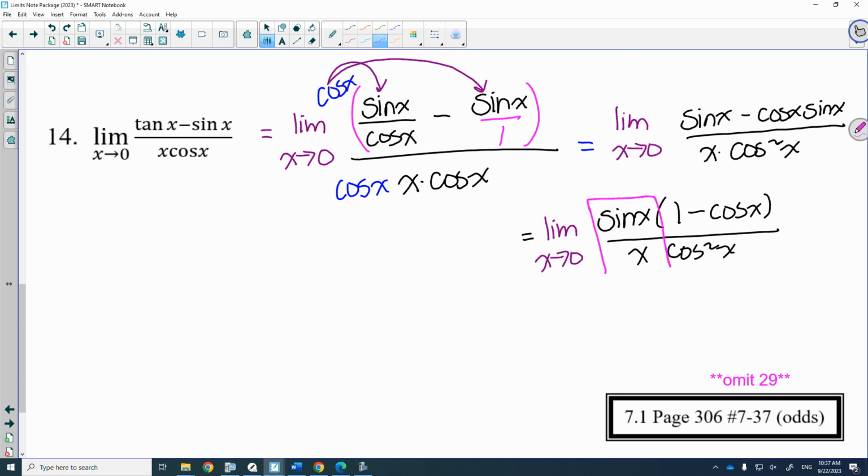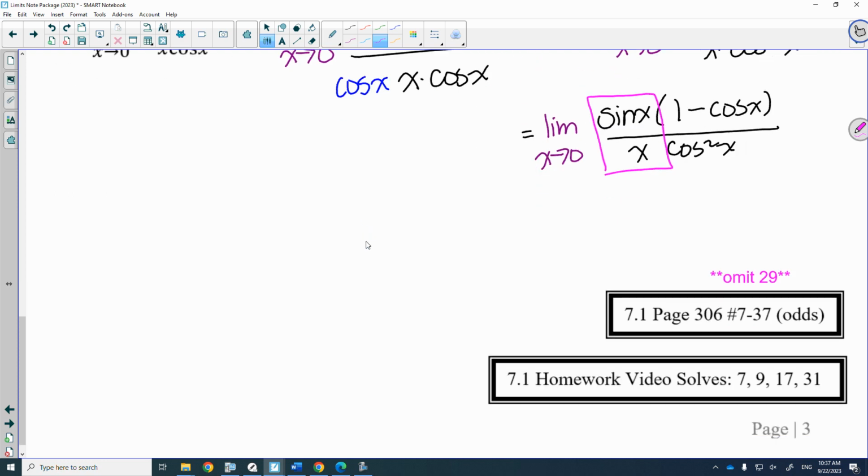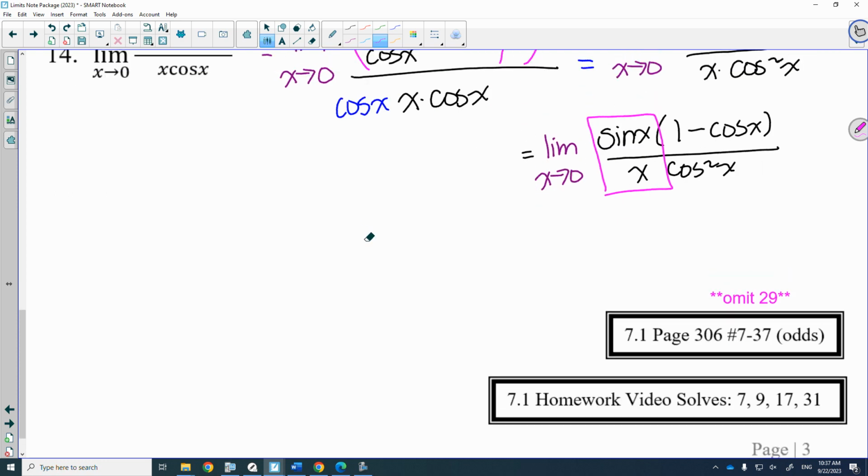This is the case that we are looking for, which is going to give me a 1. 1 minus cos of 0. Cos of 0 is 1. So 1 minus 1 will give me 0 over, in my denominator, cos of 0 squared. Cosine of 0 is 1, and if I square that, I get 1. 1 times 0 is 0.